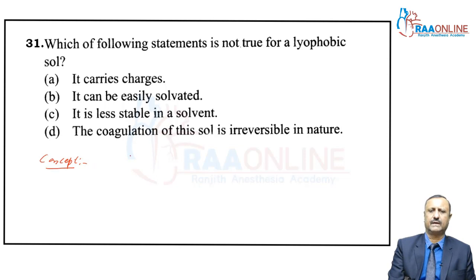What is the difference between lyophobic and lyophilic? You can see that in lyophobic the particle size is bigger, and in lyophilic the particle size is smaller. Lyophobic particles are positively charged, for example, we can take the positive charge on the surface of lyophobic.